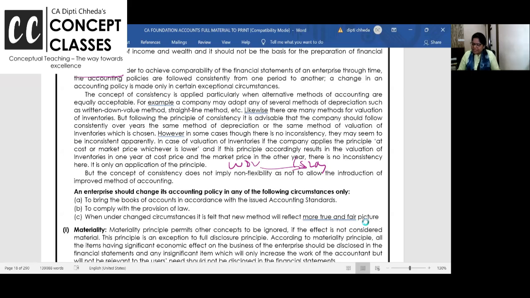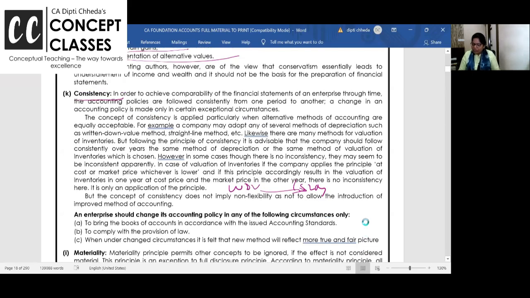So consistency says that in order to achieve comparability, you need to follow accounting policy continuously. I hope all of you know what is policy. It's our policy to charge WDV depreciation 10%, SLM 5%. But you follow consistently, you don't jump from here to there. Okay?